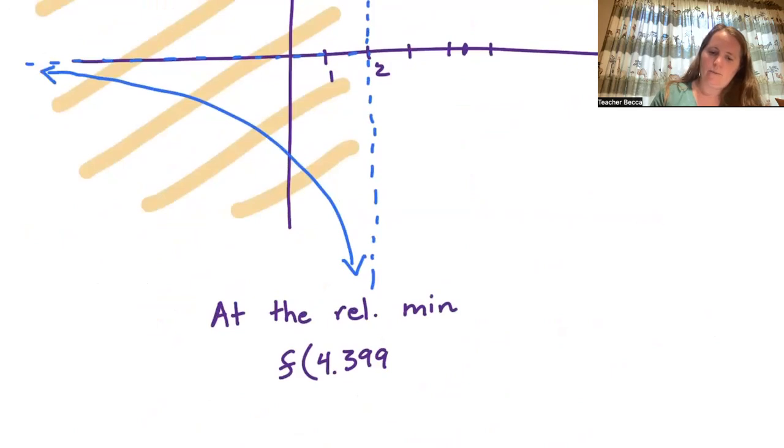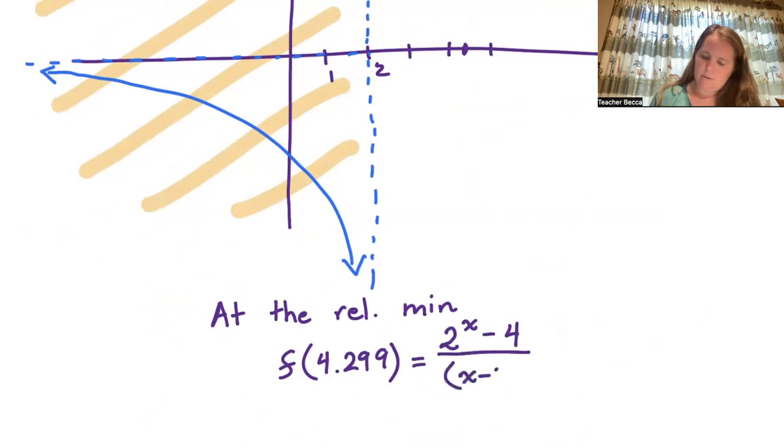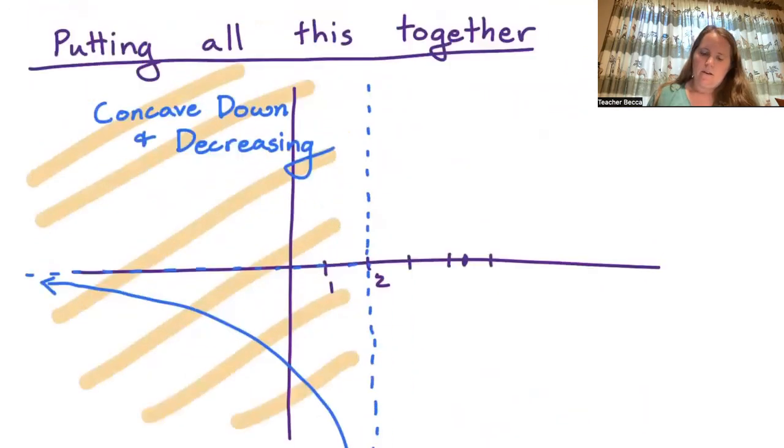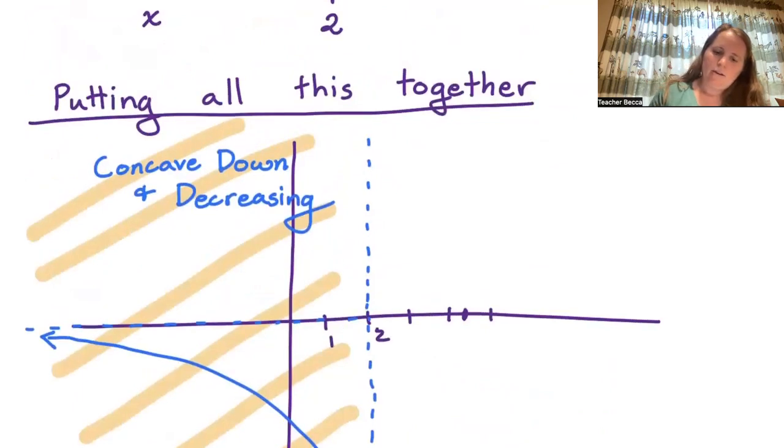So f of 4.299, we would be looking at 2 to the x minus 4 over (x minus 2) squared, which would be a positive value over a positive value. That's all we really need to know. So we know we have a positive relative minimum.